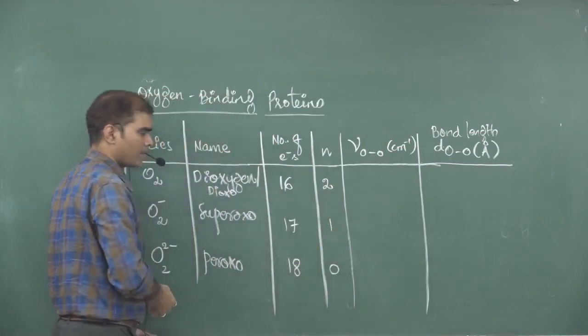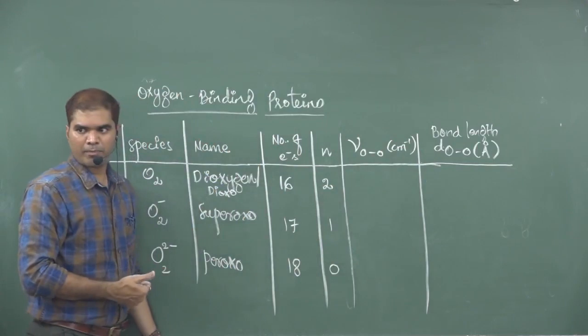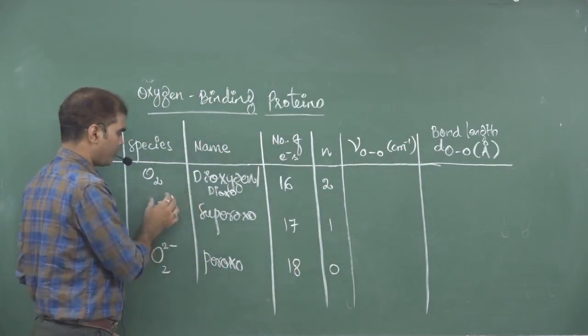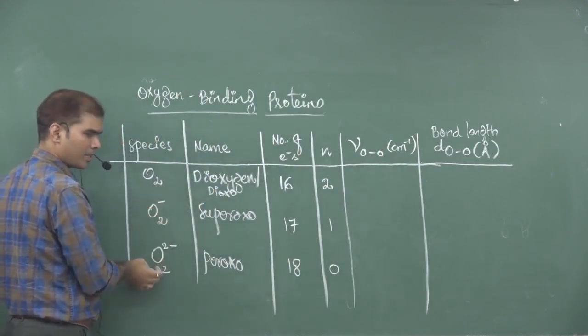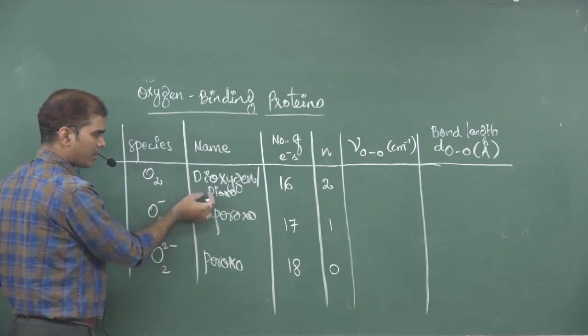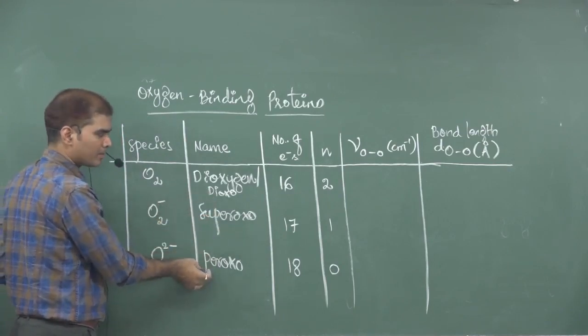What is n? Number of unpaired electrons. I am taking 3 different species, I am calling them O2, O2 minus and O2 2 minus. Dioxygen or dioxo, superoxo, peroxo.